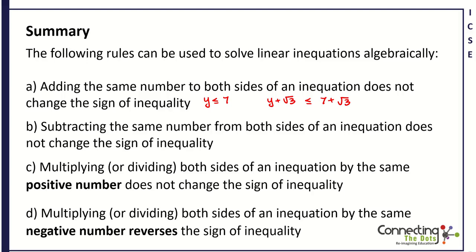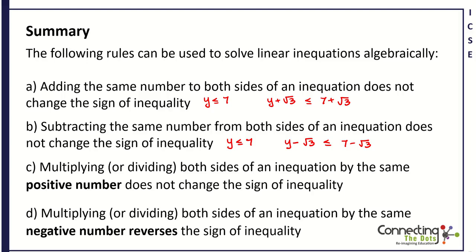So y plus root 3 is less than or equal to 7 plus root 3. I added root 3 to both sides. Similarly, subtracting it from both sides does not change the inequation. So I have subtracted square root of 3 from both sides.